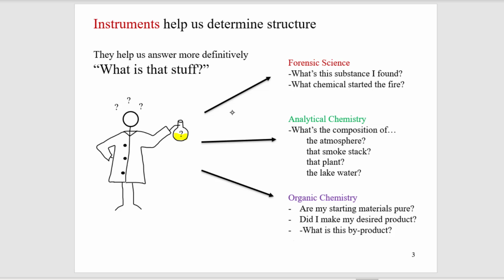So how do you know you made what you made? Perhaps you want to test the purity of your starting materials. Perhaps you want to identify a side product that occurred in 30%. It's big enough that you want to investigate it. How do we know that what is in my flask, or what is in the air, or what is in the water, or what was taken from a crime scene, how do we know that stuff is the molecule we presume it to be?